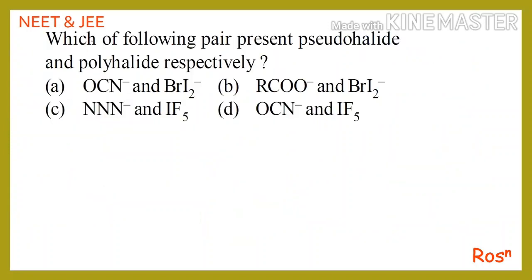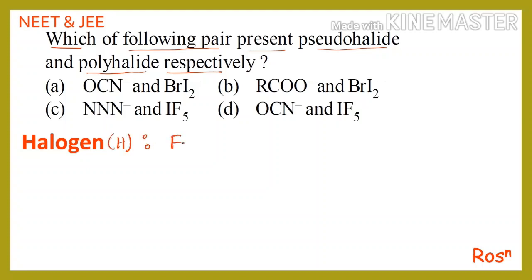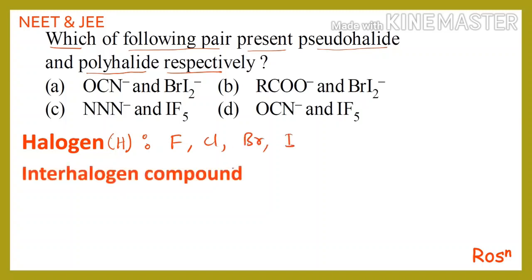Okay, next problem, which of the following pair presents the pseudohalide and polyhalide respectively? Now I discuss four terms. First, halogen. We know halogens means fluorine, chlorine, bromine, iodine, etc. Next, interhalogen.